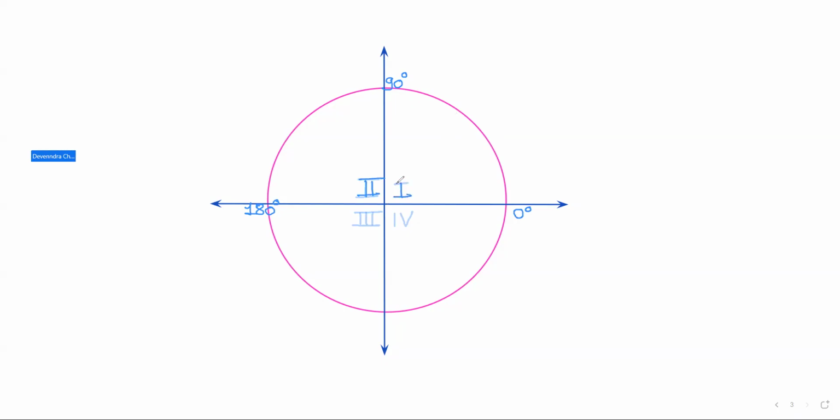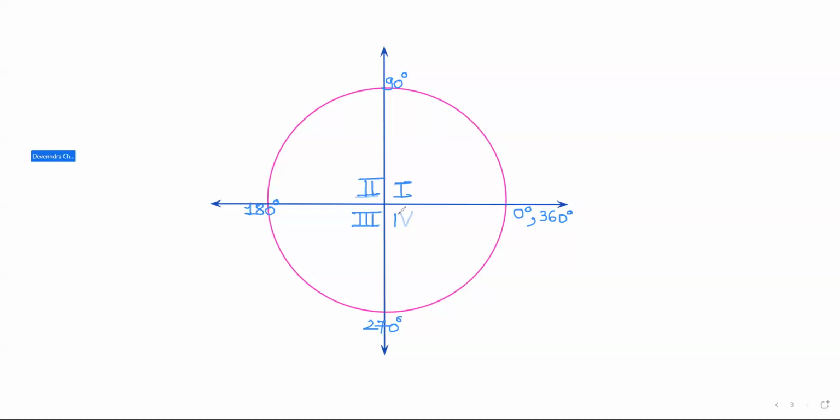So 0, 90 and 180, and this is 270. We are measuring the angles in the anti-clockwise sense, starting from 0. So 0, 90, 180, 270, and this is 360 degrees. So this completes the circle.